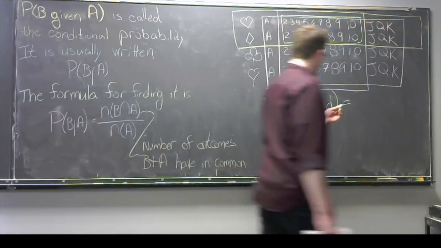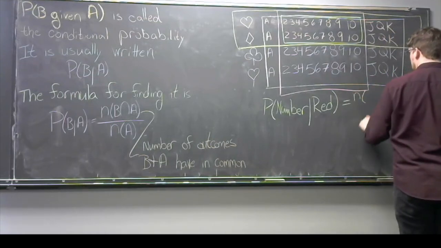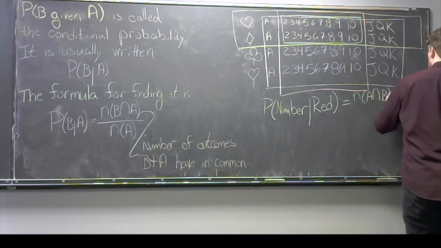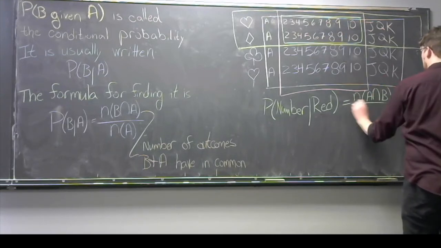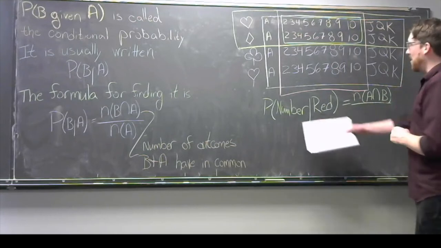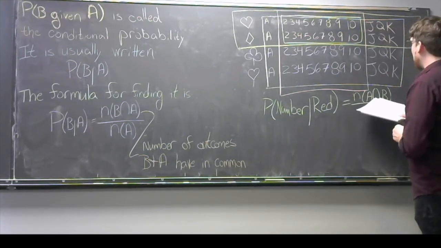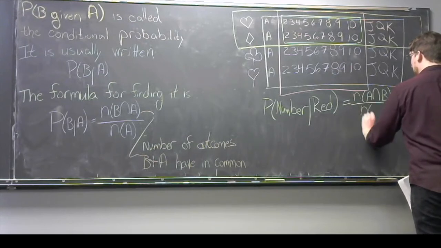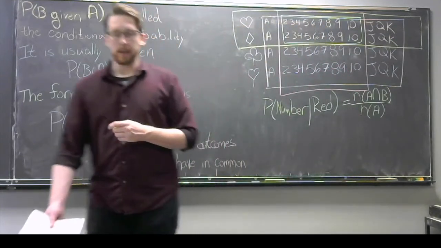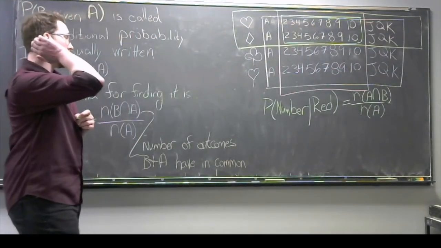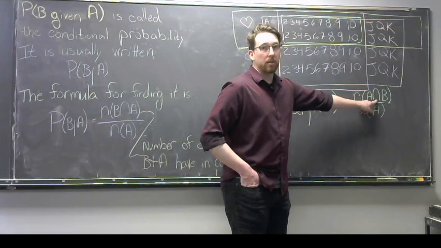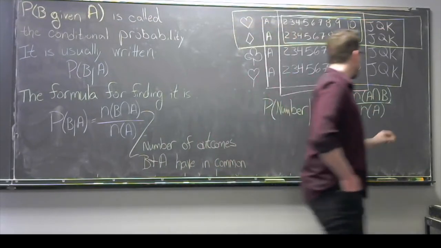We know this probability is going to be equal to the number of cards in that intersection divided by the number of outcomes to A. And we know that this intersection, based on what we've drawn up here, has 18 cards.